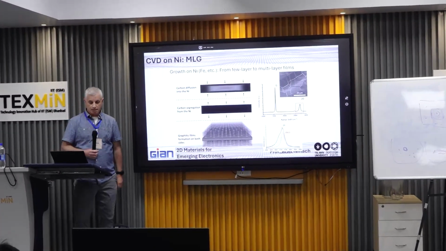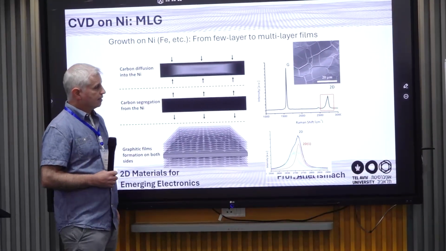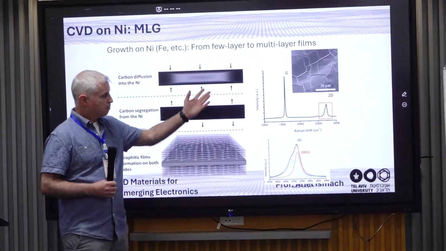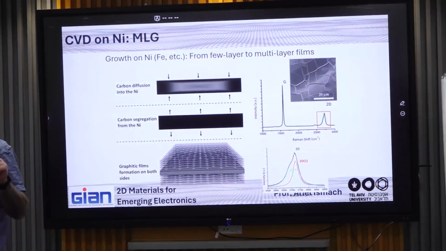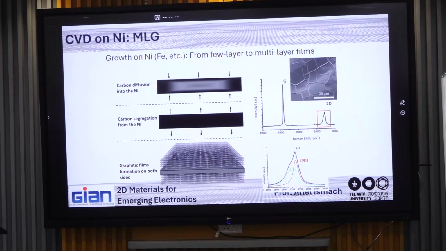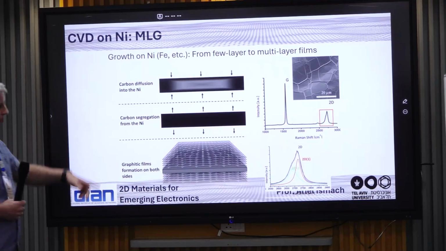So this is how it looks on a thick nickel. You end up with tens of nanometers of thick graphene, which is basically a very thin graphite. Okay, this is how it looks on the surface.